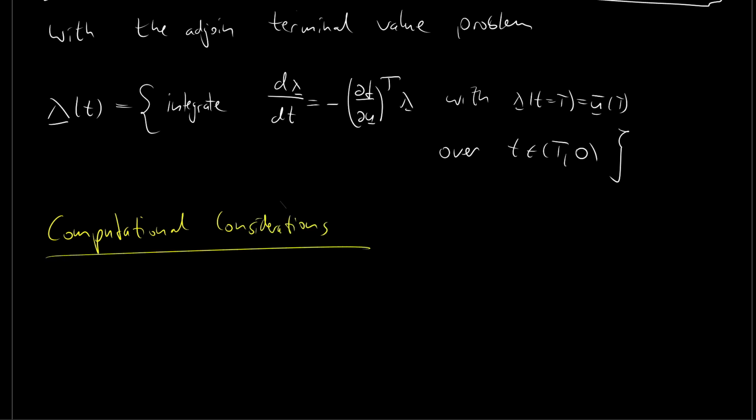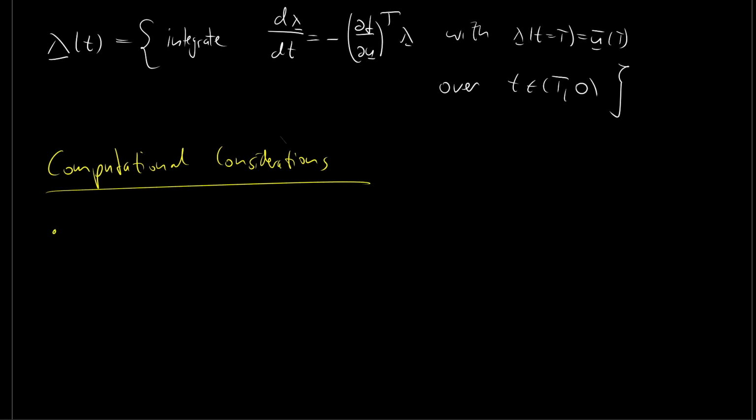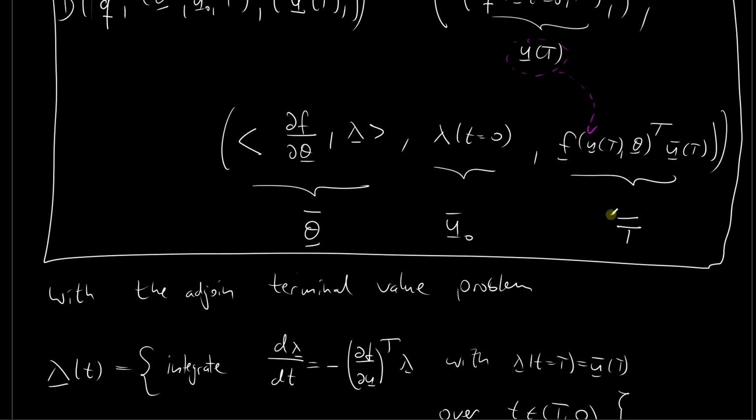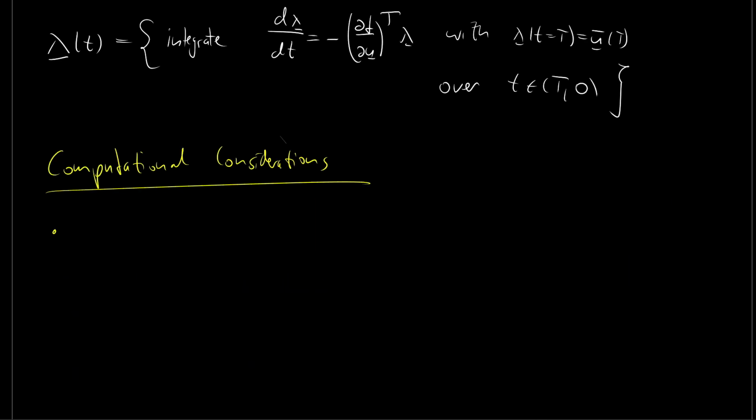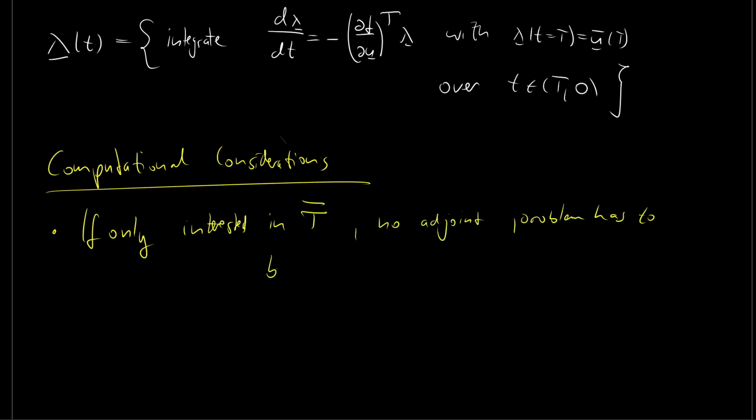In the beginning, I just want to repeat a little bit of what we already summarized in the individual cotangent contribution sections. First of all, this is the rather trivial observation: if we are only interested in the cotangent on the final time, for whatever reason, then we don't need an adjoint problem at all. So if we are only interested in t bar, no adjoint problem has to be solved.